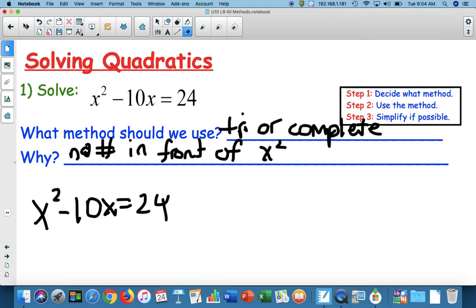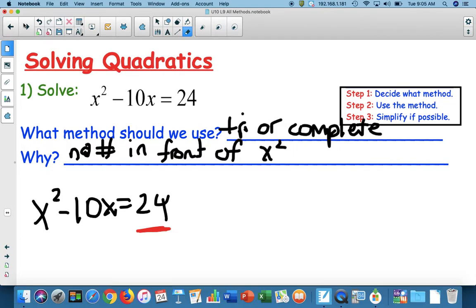Alright, so let's use our first method. Since we're already kind of in position for it, let's do complete the square. If you guys notice, it's already in position for you to use complete the square. The c term, that 24, is technically our constant, and it's already been moved over.